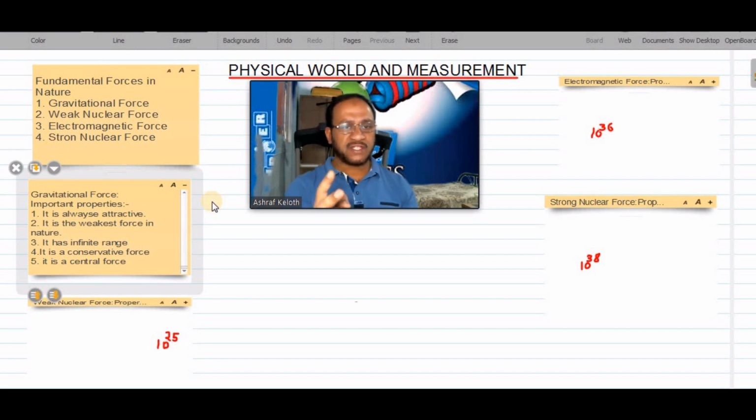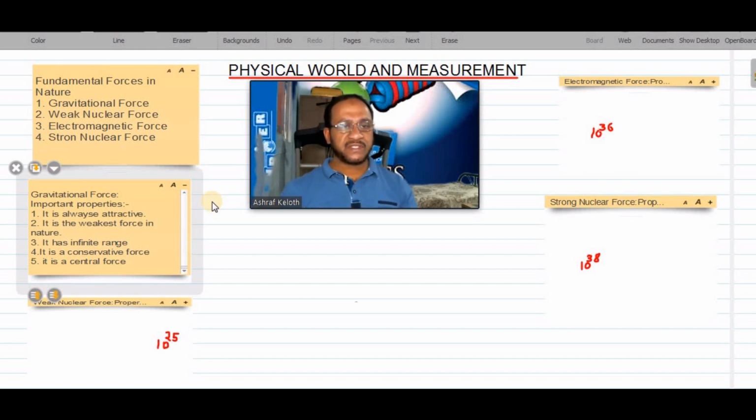Even if you 2 friends are sitting nearby, there is a force of attraction among you. But you cannot feel that force. The reason is there. Two girls sitting nearby or 2 boys sitting near: if you want to find the force between you, you can use the equation you studied in 9th standard, F is equal to G m1 m2 by r square.